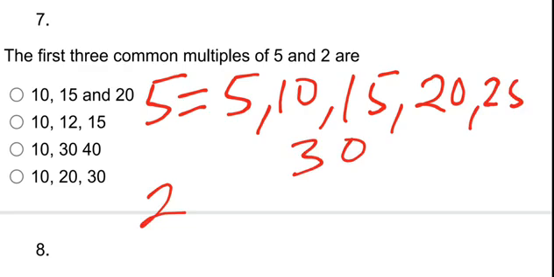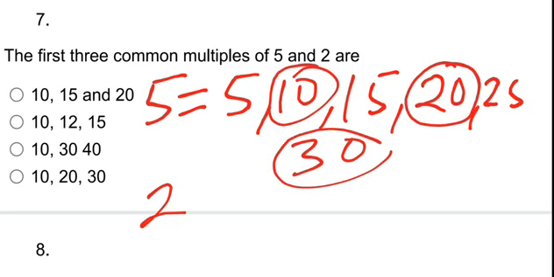For 2, you look at the ones 2 can go into. 2 goes into 10, but cannot go into 15 or 25. It can go into 20, and also into 30. So it will be 10, 20, 30. That's how you're going to do it, because if you want to list out all the multiples of 2, it will take you time. Once you have listed the higher one, you can look at which ones 2 can divide among the multiples of 5. I hope this is clear.